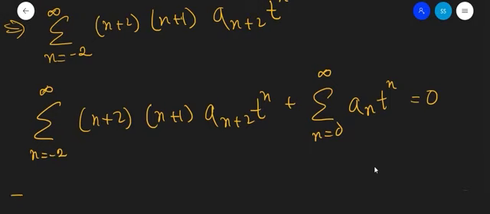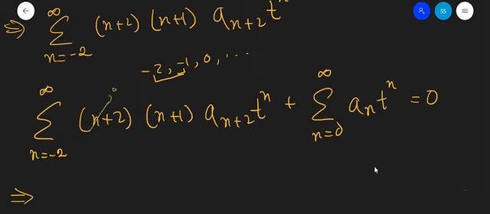So what you do? You just take the terms, that is minus 2, minus 1, 0, 1, 2, 3, right? These are the terms for this. So all I need to do is evaluate this summation for minus 2 and minus 1. But if you notice, it has some n plus 2 over here and n plus 1 over here. So when n equals minus 2, this part goes to 0.